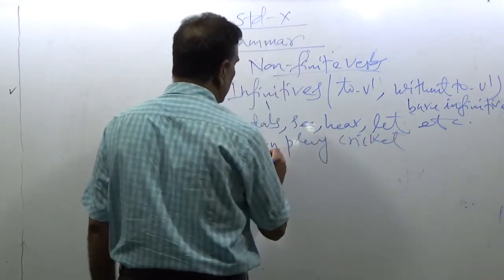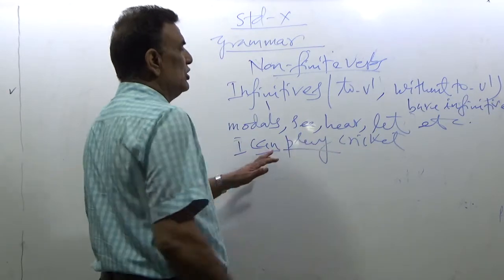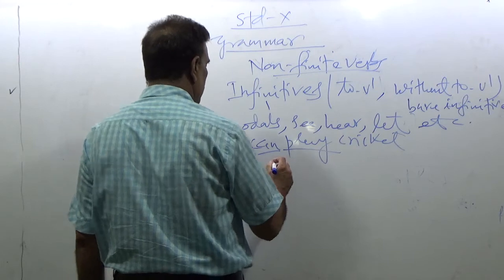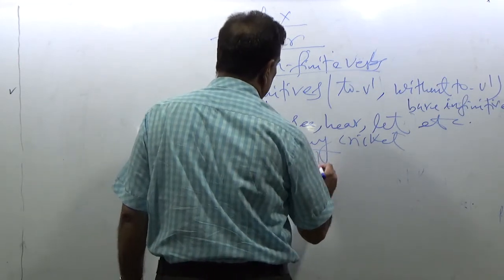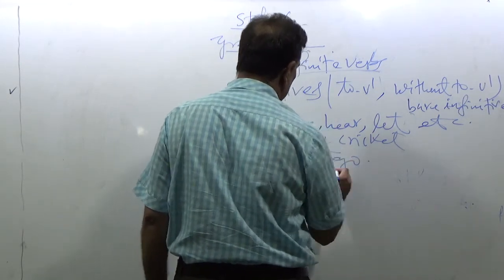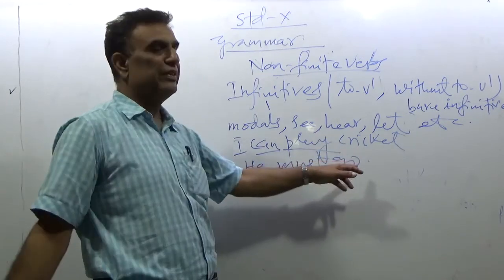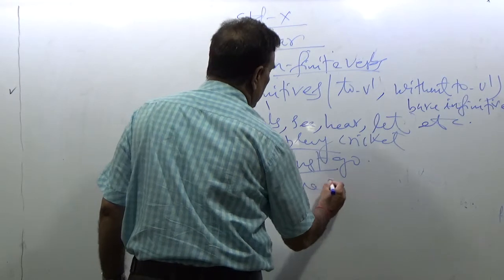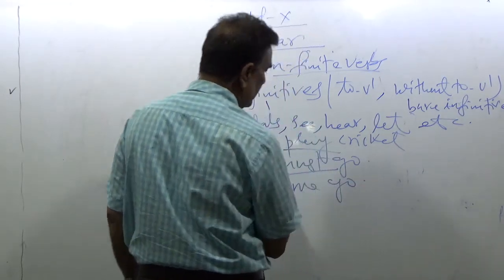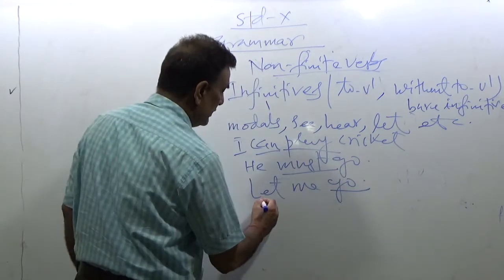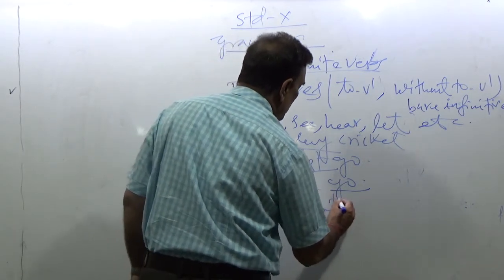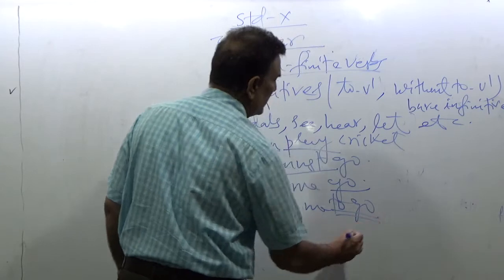I can play. Modal here you see. Bare infinitive without to is used. You must go. You see modal. Bare infinitive is used. Let me go. Let is used. Bare infinitive. If it is allow me to go, then it is a to infinitive.